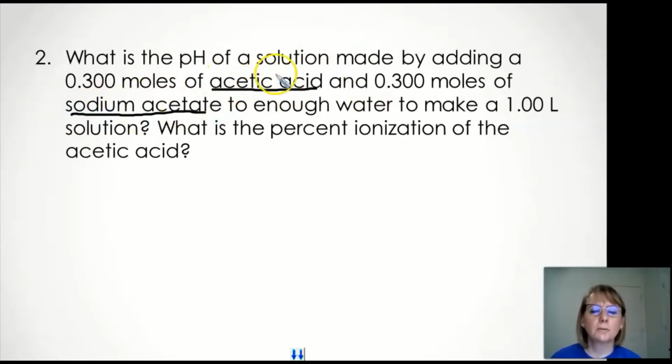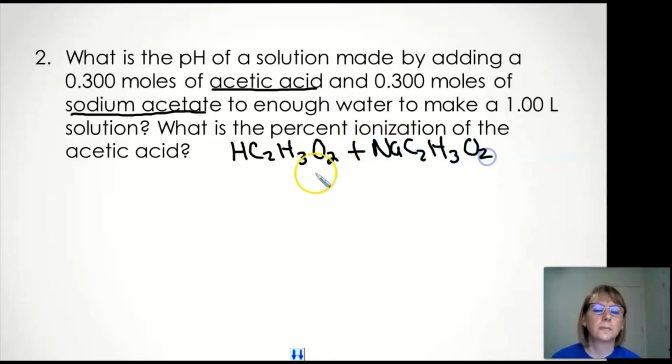Now, if I try to write a reaction between these two, don't copy this with me, I just want you to watch, and then you can start copying when you look at the problem. If I try to write a chemical reaction, sodium acetate and acetic acid are not going to chemically react because they share this common ion.